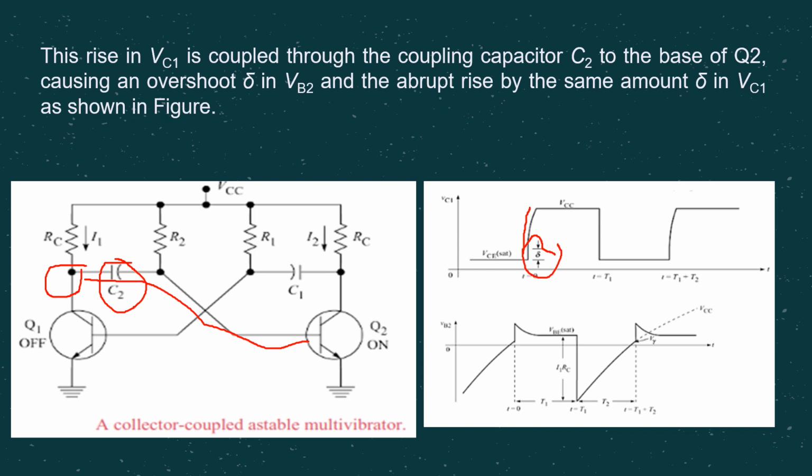That is called overshoot. This undesired increase in amplitude causes an overshoot in the output of transistor Q1, VC1, and the abrupt rise by the same amount delta in VC1 is as shown in the figure.